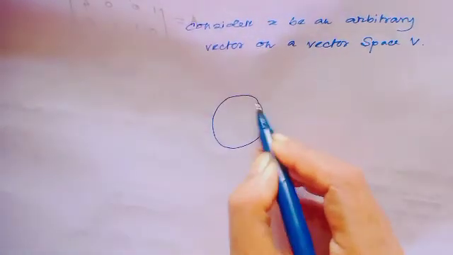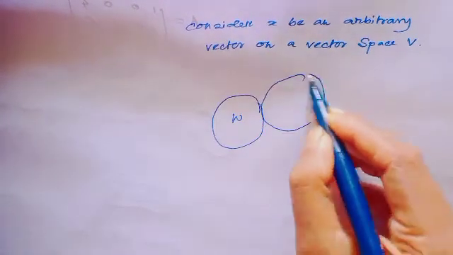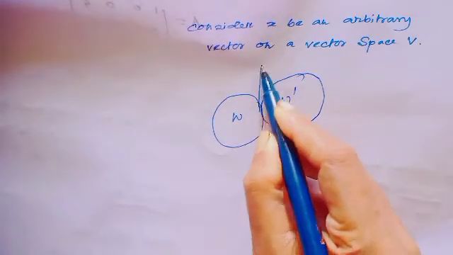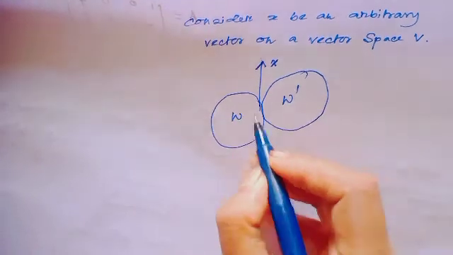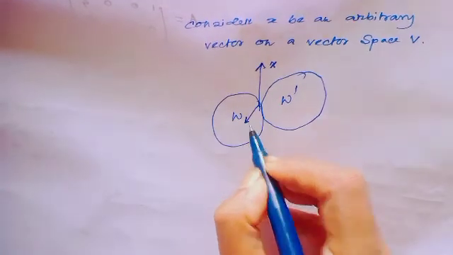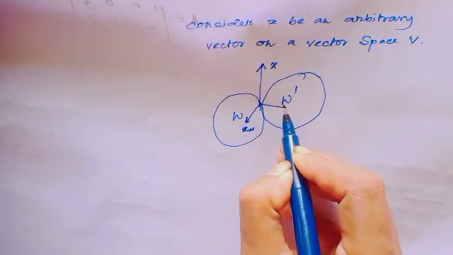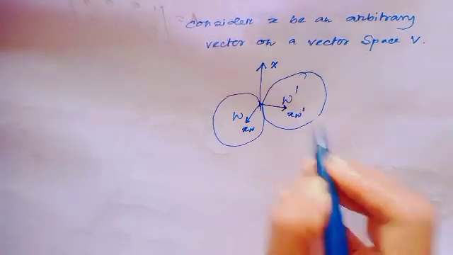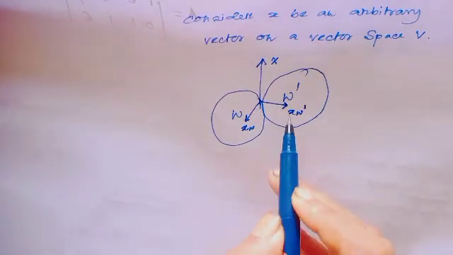Consider this is the subspace W and this is the subspace W perp of the vector space V. Then any arbitrary vector x in the vector space V can be split as the vector xw plus the vector xw perp. Obviously this splitting is always unique.